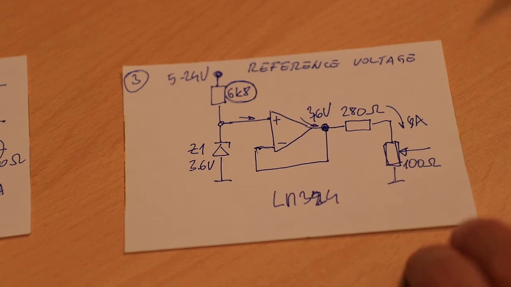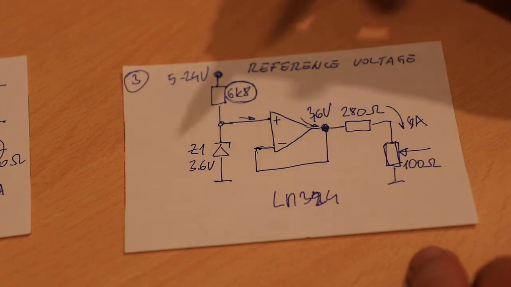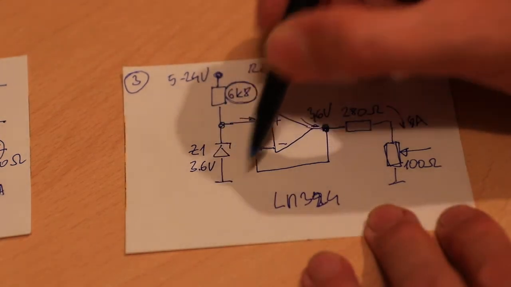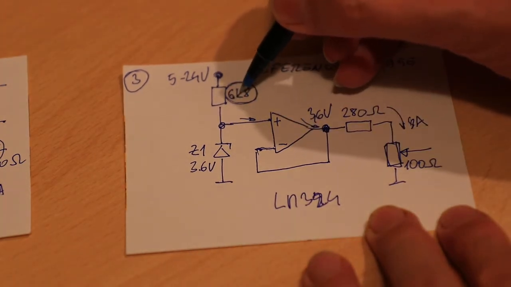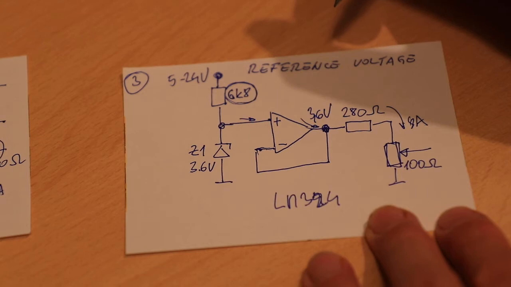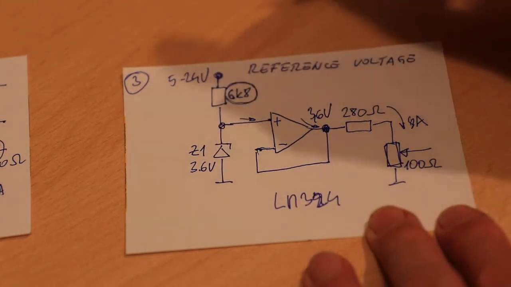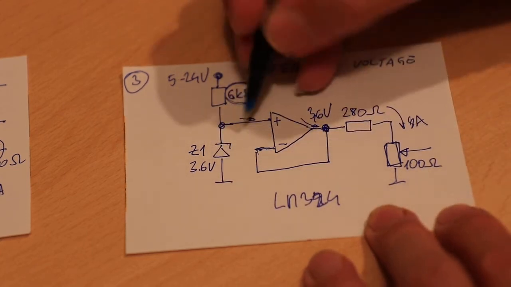How does this work? Very simple. The reference voltage is still obtained by a zener diode, but the resistor is higher. This leads to pretty low current if I use 5 volt, but still enough for the zener to work.